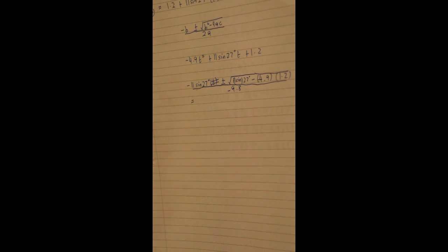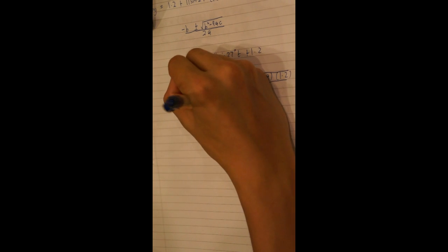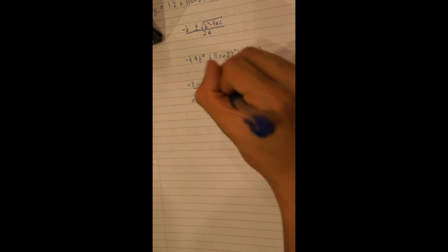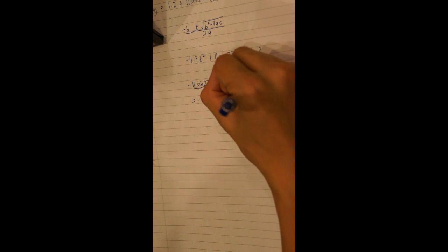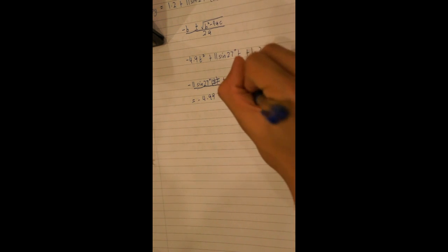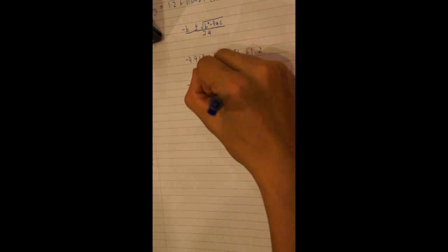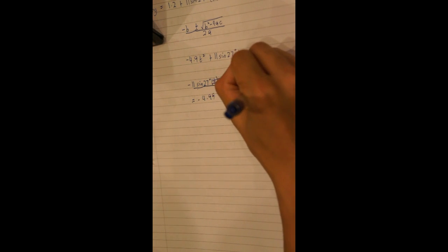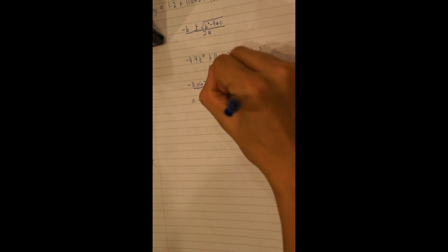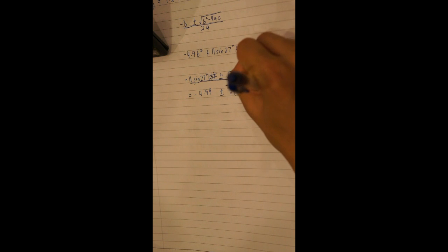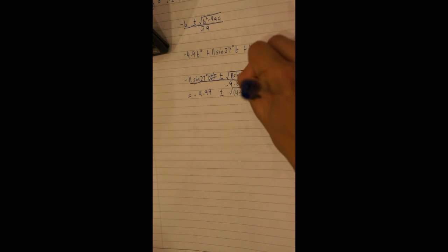So I just have to calculate this. So negative 4.99 plus or minus the square root of 4.99 squared plus 4.9 times 1.2, which equals 5.88, times this by 4.